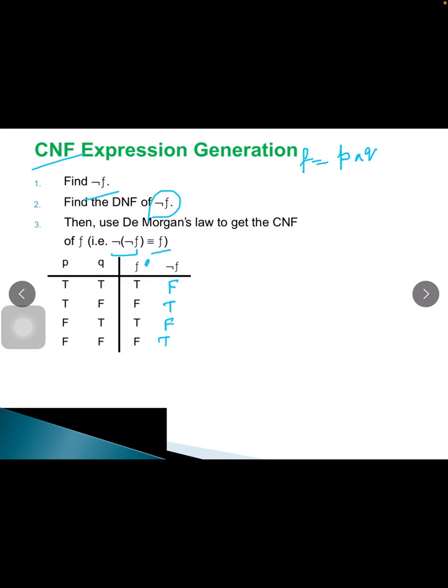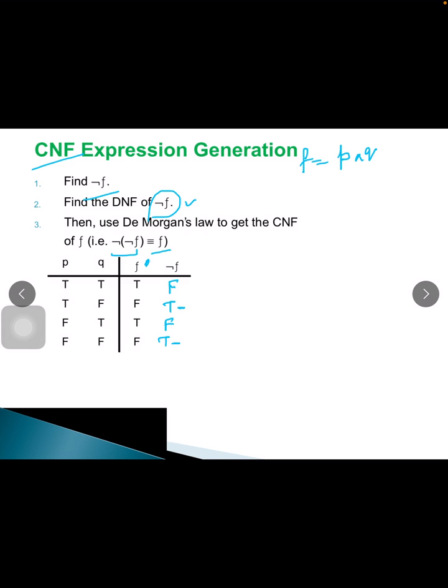After that, in the second step, you want to find the DNF of the negation of F. So what is the DNF of the negation of F? To find the DNF, first you need to find the min terms. What are the min terms? Here you see the truth value true is in two positions.